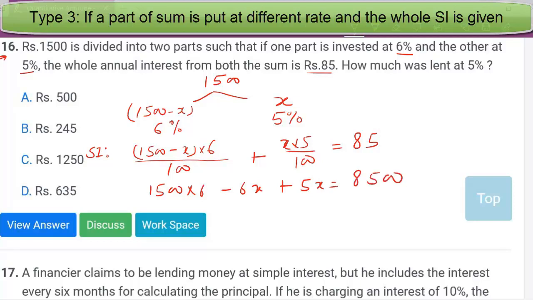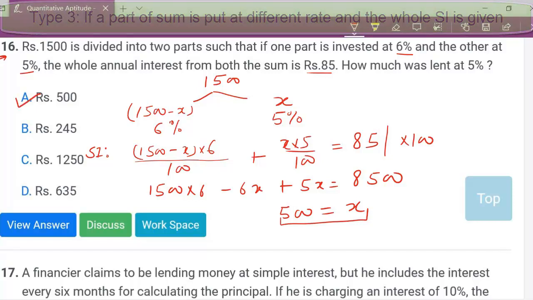I have multiplied the whole equation by 100. So X will be equal to 9,000 minus 8,500, that is 500. So 500 is the amount that has been invested at the interest of 5%. So A is the answer.